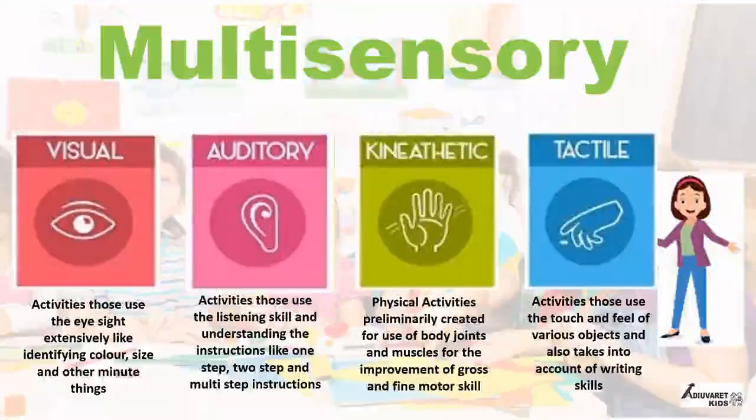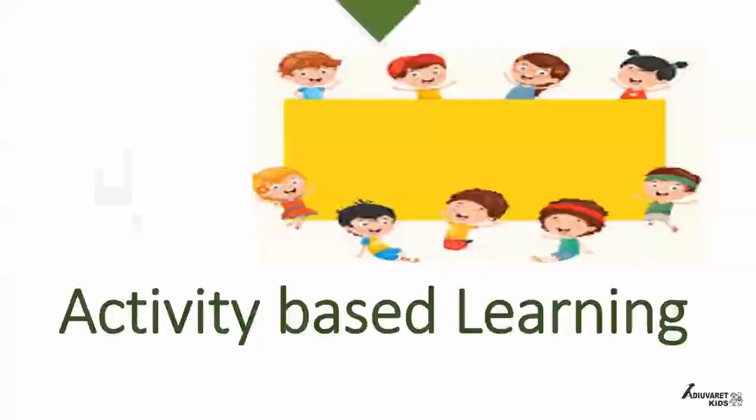So what will happen? The child's eye-hand coordination, the child's reflexes, everything will be developed in a much better way. So the multisensory learning mechanism can be used in isolation or in combination with our other learning techniques for the preschool learning process.